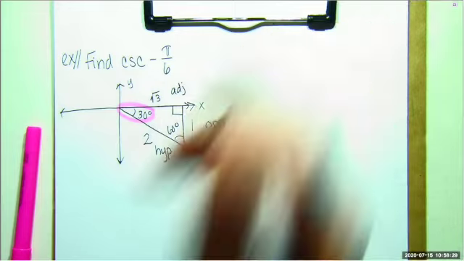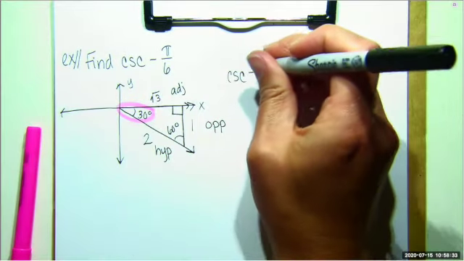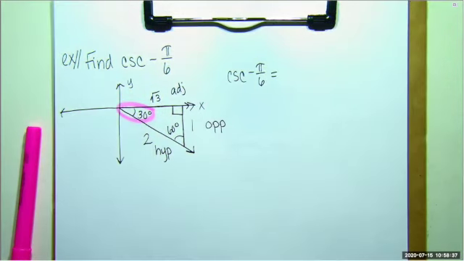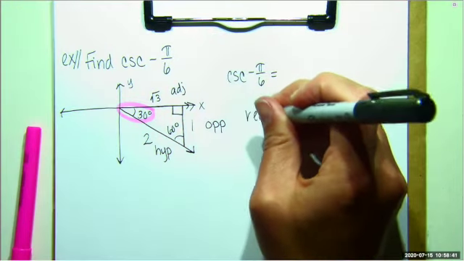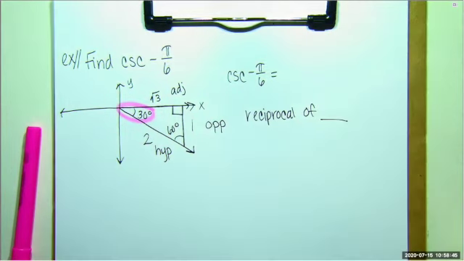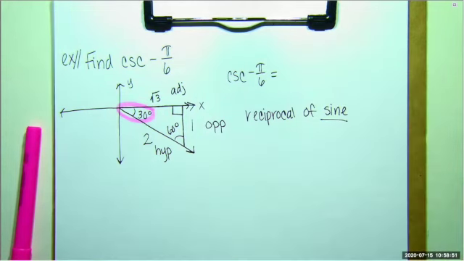Okay, so next up, let's answer the question. So we have cosecant of negative pi over 6. The first thing we should ask ourselves is cosecant is the reciprocal of what? Sine, cosine, or tangent? Sine. Okay, so cosecant is the reciprocal of sine.